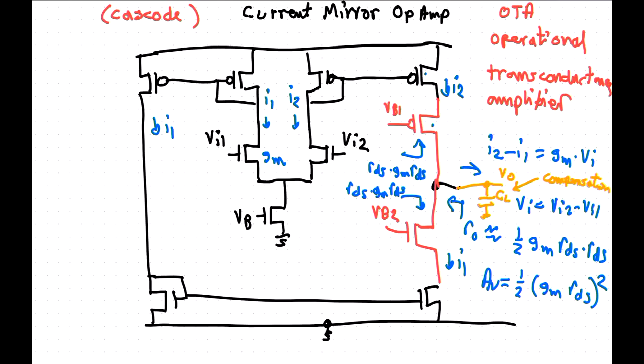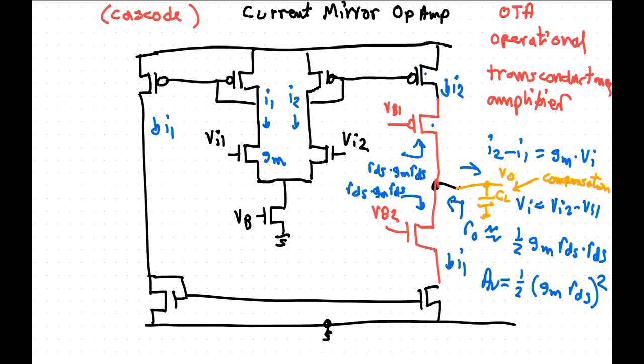Actually, the reason this doesn't matter is that I2 and I1 may have a little mismatch, but this is fine because they have feedback from the diode-connected current mirror. If there's a mismatch between I1 and I2 at the output node, that is equivalent to having an offset output current or an offset input voltage.